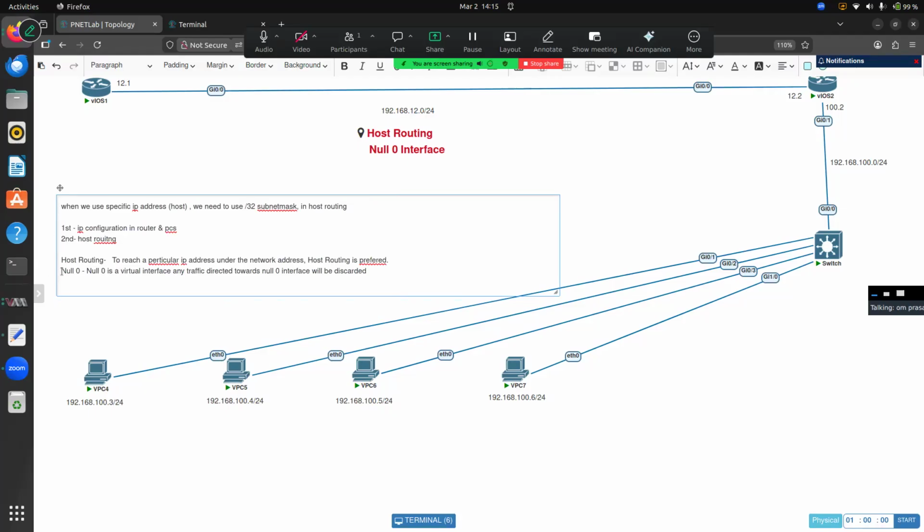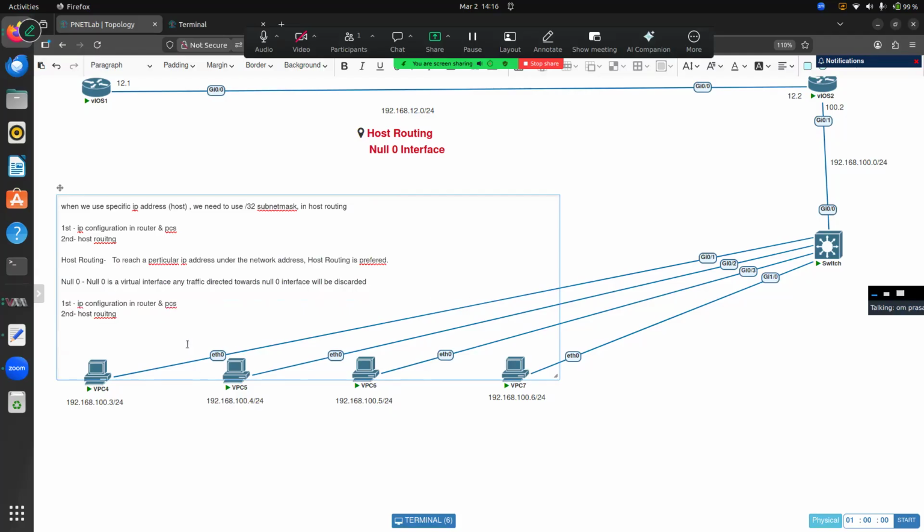Host routing, what we did. First, the IP configuration of the routers and PCs, already I did. Only here, the null zero interface I have to configure.